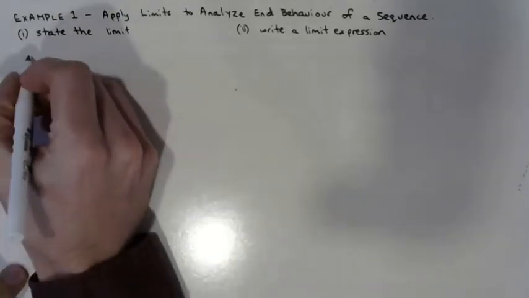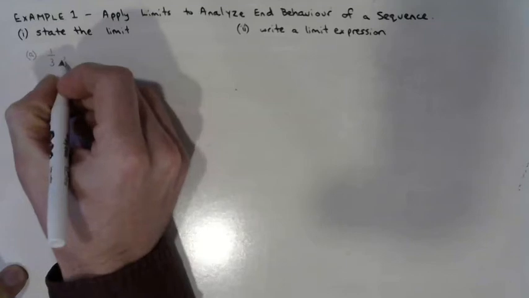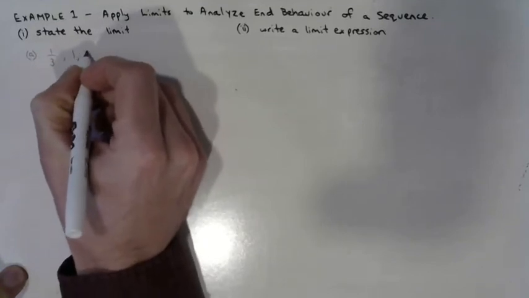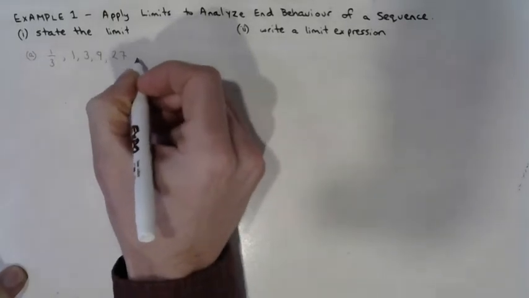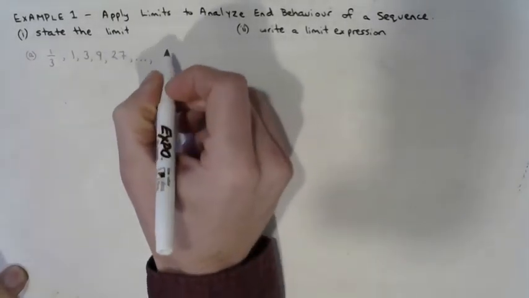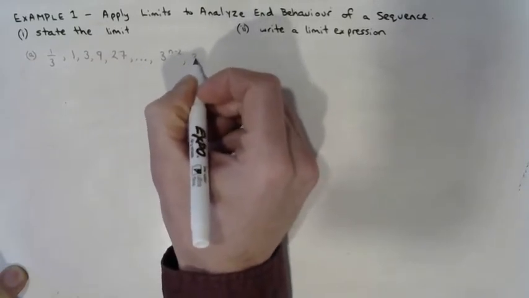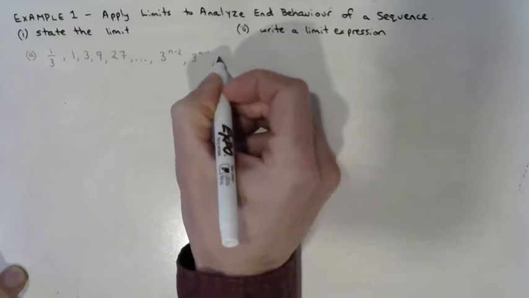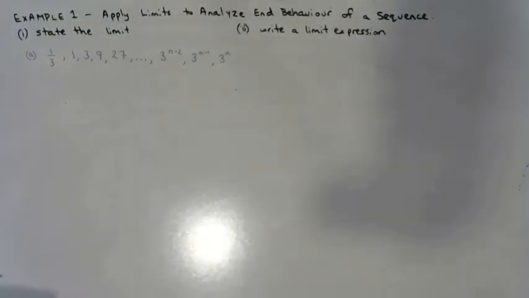The first sequence that we're going to deal with is 1/3, 1, 3, 9, 27, ..., 3 to the power of n minus 2, 3 to the power of n minus 1, 3 to the power of n. Okay, this is our sequence.